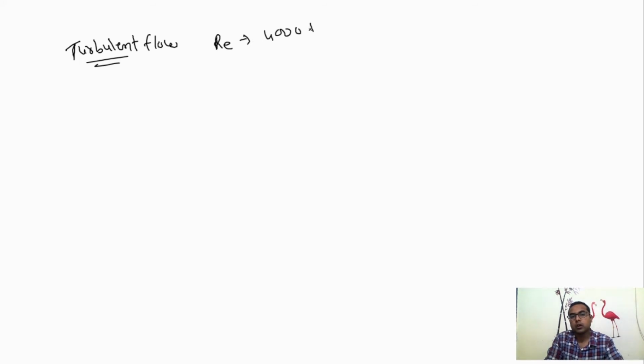And for the turbulent flow, when your Reynolds number is in between 4000 to 1 lakh, then the expression of your coefficient of friction is as follows.